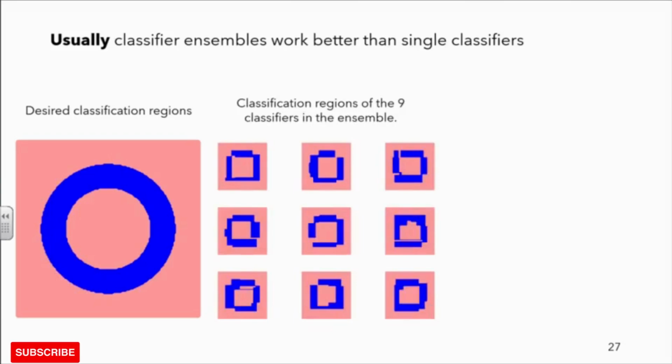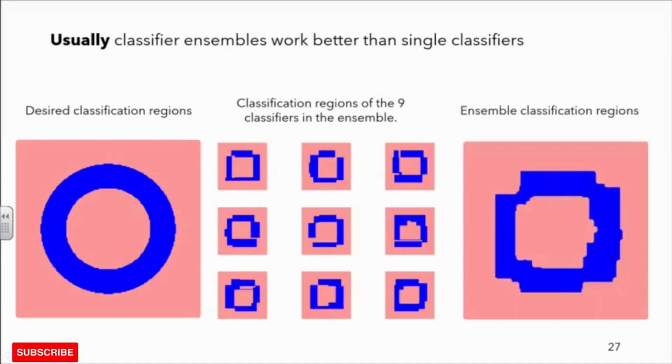So if that's the classification region that we desire, and we have these nine classification regions, well, we could try to combine them together. These are being generated by 9 different classifiers. And when we put things together, this is what we get.